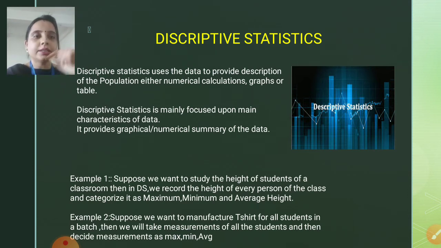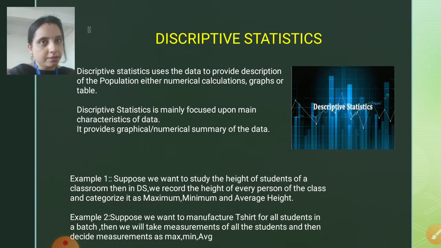Suppose we want to study the height of the students of a classroom, then in descriptive statistics we can record the height of each and every person of the class and categorize it as maximum, minimum and average height. Now what does it mean? Suppose I have a class of 30 students.